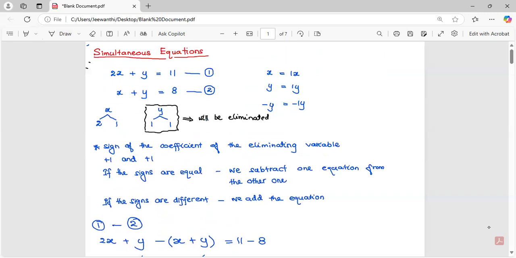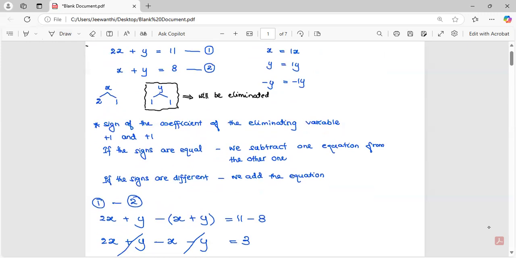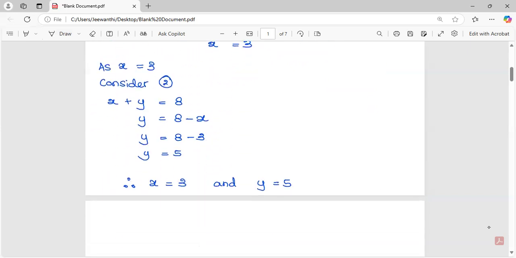I take equation 2 because x plus y is easier for me. x plus y is equal to 8 and y is equal to 8 minus x. y is equal to 8 minus 3 because no more x here. We found the value of x, it is 3, so y is 5. Therefore, x is equal to 3 and y is equal to 5.